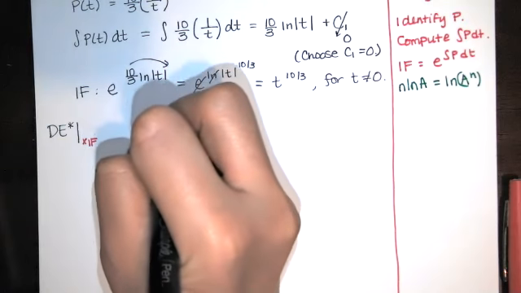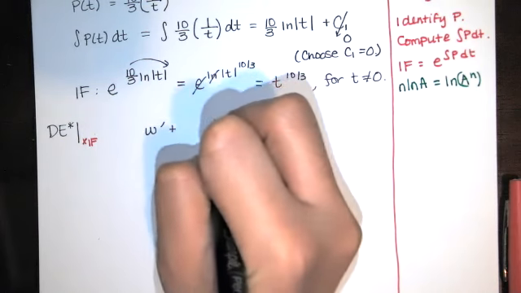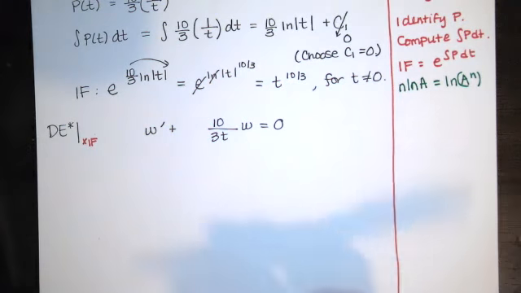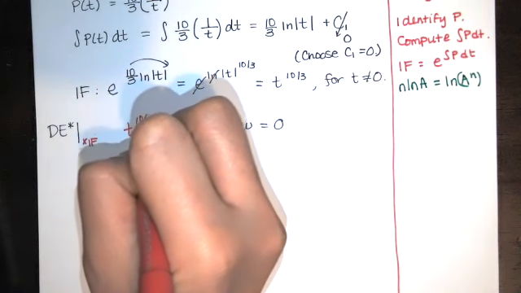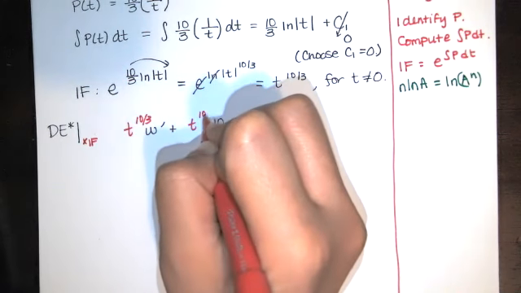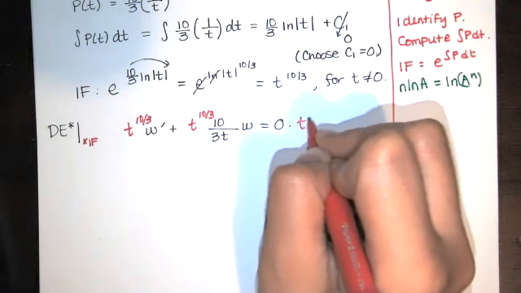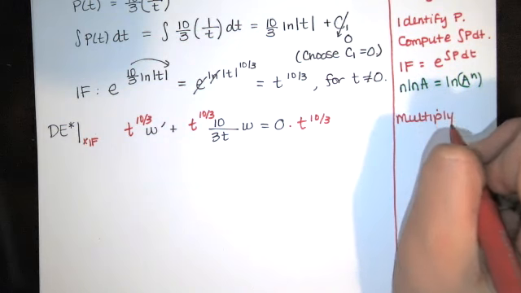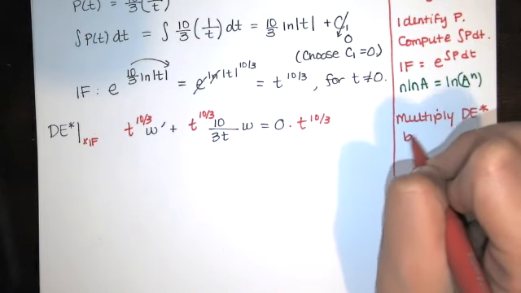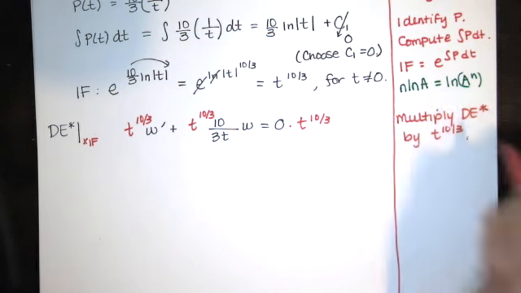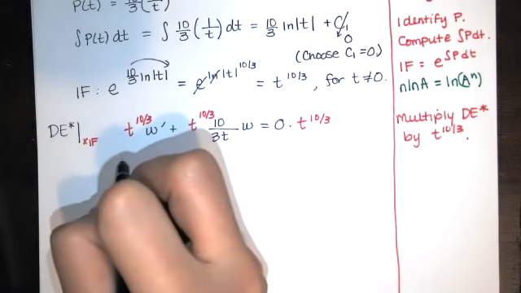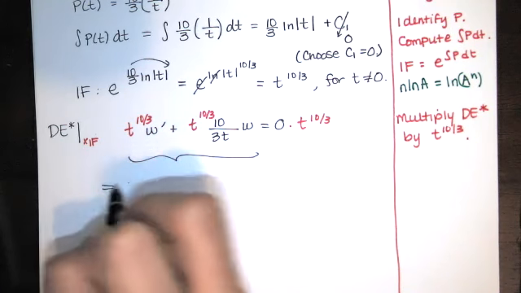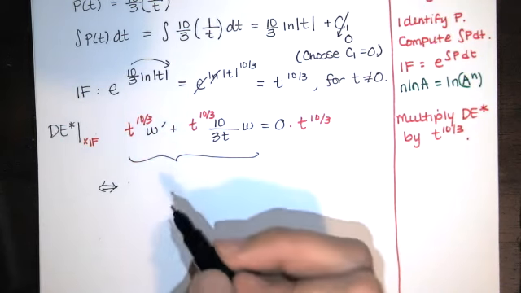So I have w prime plus 10/3 times t times w equals 0. And I'm multiplying everything by t to the 10/3 power. And then when you simplify this, well, actually, I'll just write it this way.